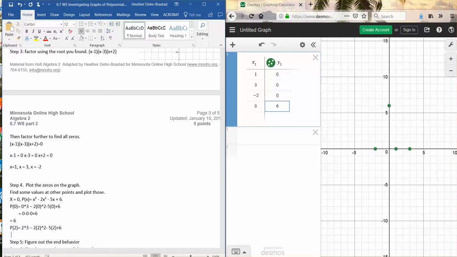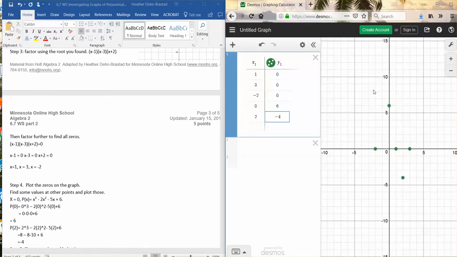And we just simplify. 2 cubed is 8 minus, okay, 2 squared is 4, and we have to multiply that by another 2. That's another 8. Minus 5 times 2 is 10, plus 6. So we just subtract and add in order from left to right. 8 minus 8 is 0. Minus 10 would be negative 10. Plus 6 would be negative 4. You can double check it on a calculator. So at x equals 2, we ended up with negative 4.